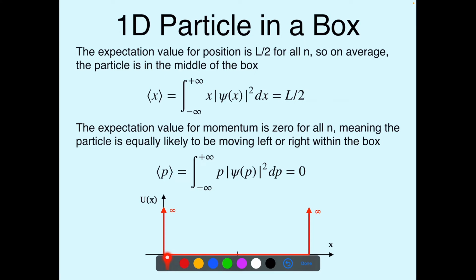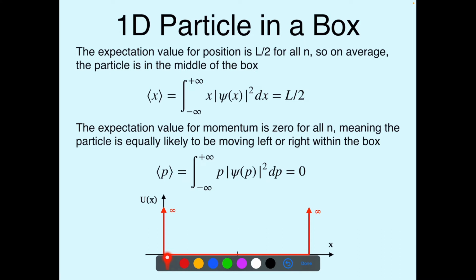And that's for any value of n. So we could be looking at the wave function for the n equals 1 state, we could be looking at the wave function for the n equals 2 state, or whatever, and we would always get L over 2. And what that's telling us is that on average, the particle is in the middle of the box. It doesn't have a preference to hang out on the right side of the box or the left side of the box. On average, it's just in the middle.